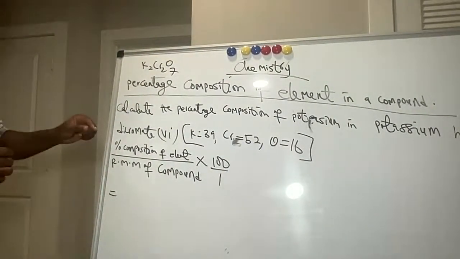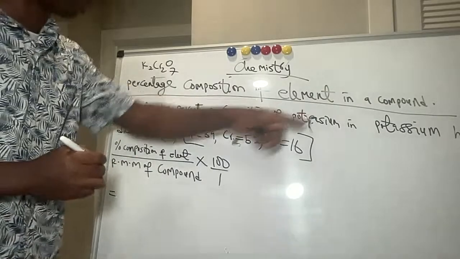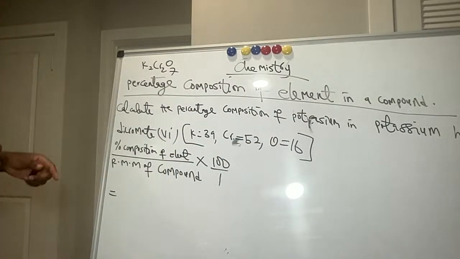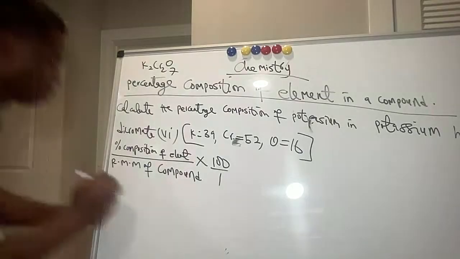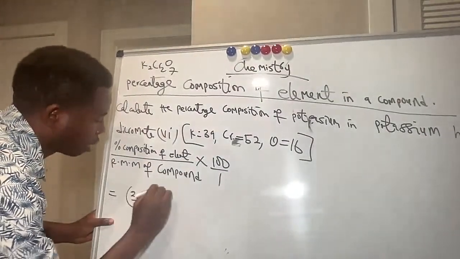Which element? Don't forget, we are asked to calculate the percent composition of potassium. So it will now be 39 times 2.